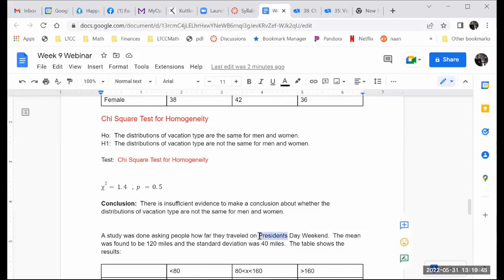Okay, so the next question is, a study was done asking how far people traveled on Memorial Day weekend. The mean was found to be 120 miles and the standard deviation was 40 miles. Sound good? The table shows the results.